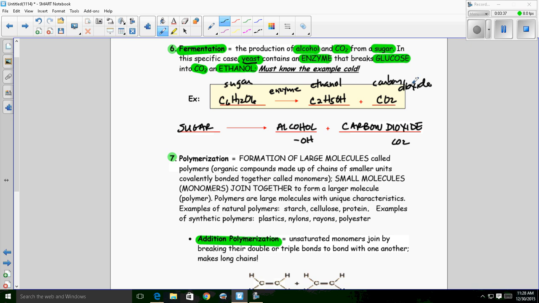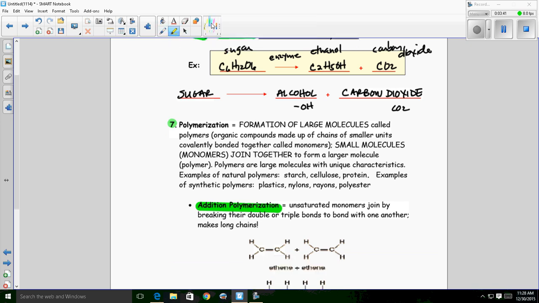All right, the next type of organic reaction is called polymerization. And just to break down the term, poly stands for many subunits, and we'll talk about how these many subunits can come together.